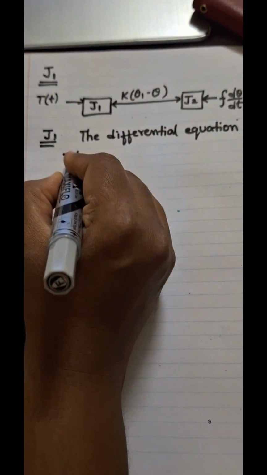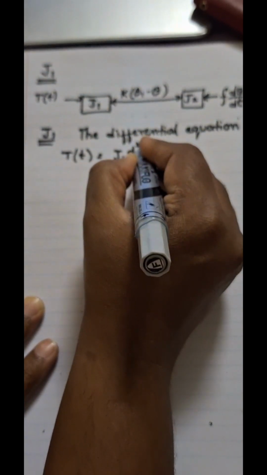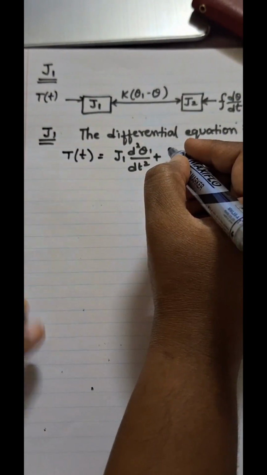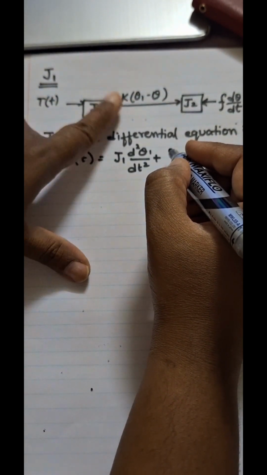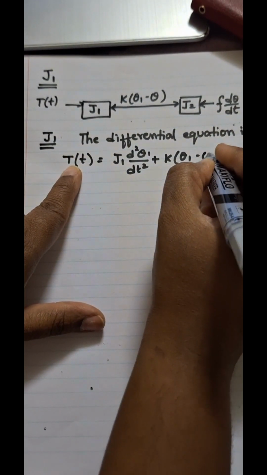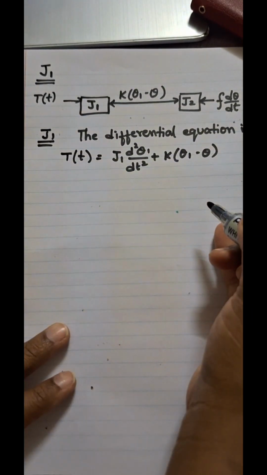It is T of t is equal to J1 d square theta 1 by dt square plus, there is no damper here, we have only T and K, so K theta 1 minus theta, because we are talking about J1, so we should give importance to theta 1.